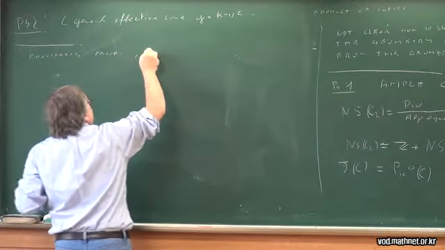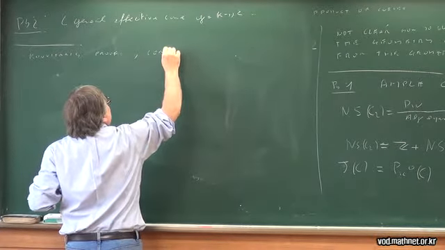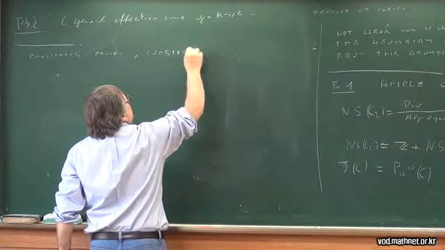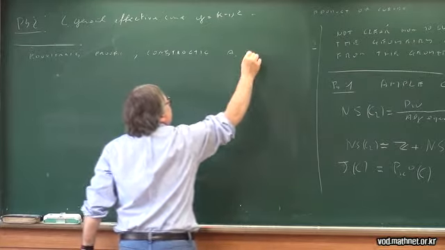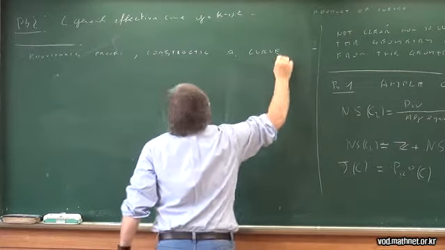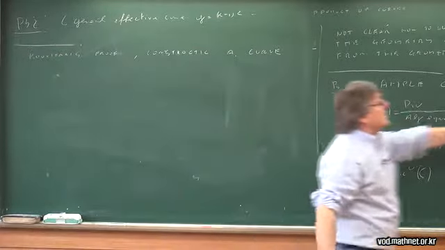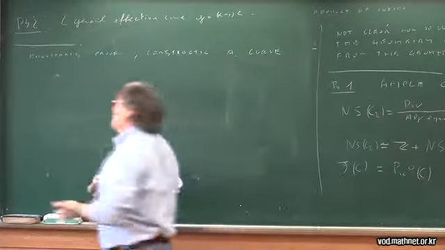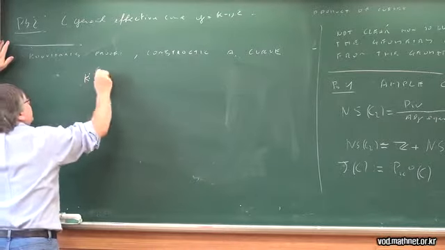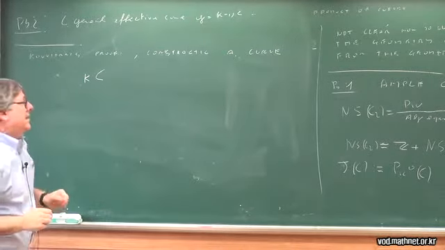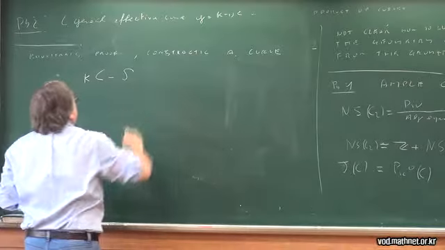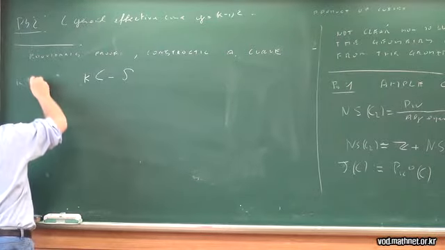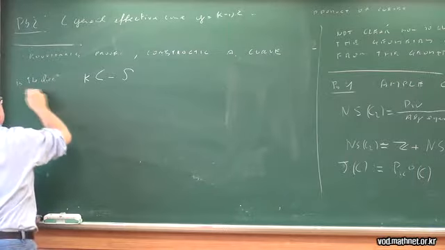is given by constructing a curve in what is the extremal ray class. So it is K_C minus delta, the class, in the following way.